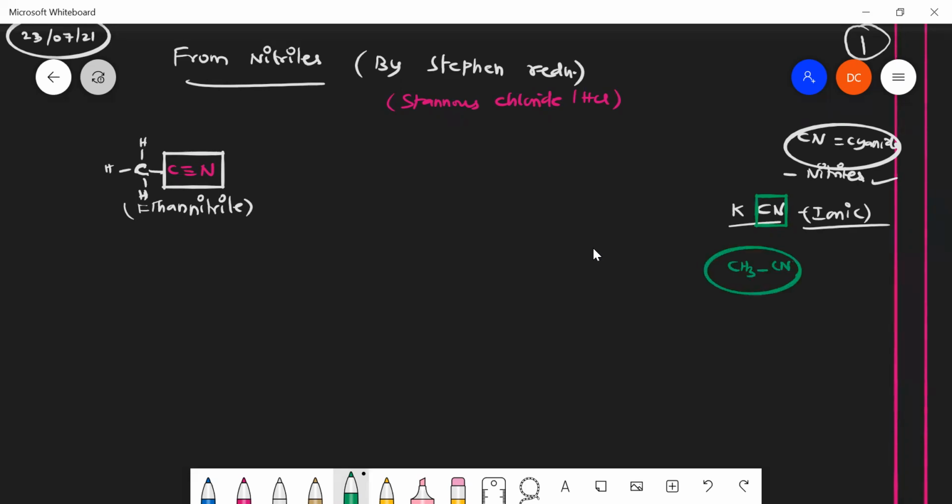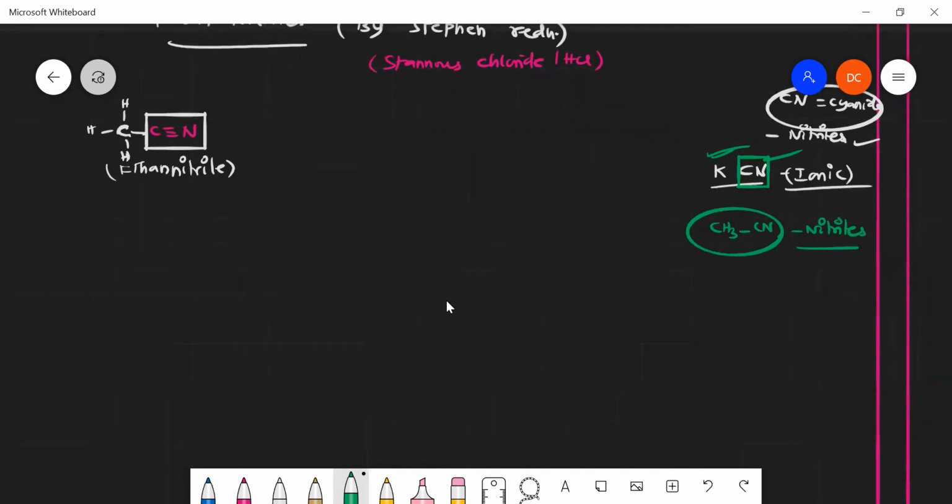So then only it is called a nitrile. The activity of the CN group is very, very less if it is attached with a non-metal. If it is attached with a metal, activity will be very high, then it is called cyanide. But here it is not a metal. So whenever the carbon is attached with the cyanide group, that will otherwise be called a nitrile.